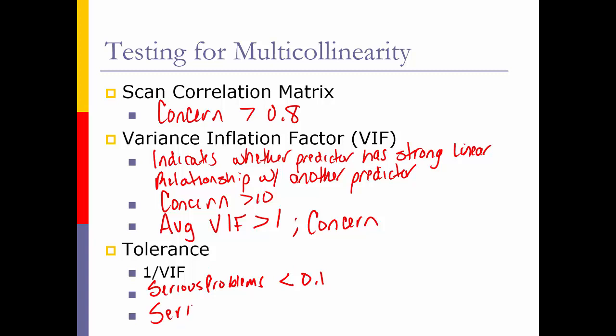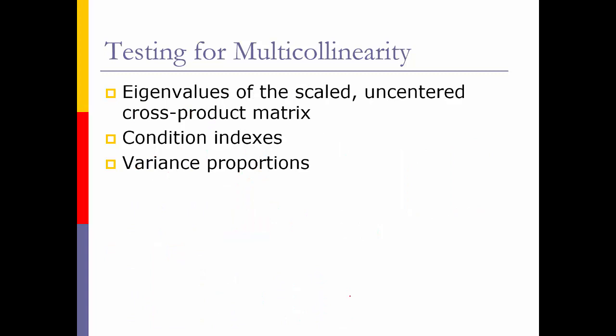And you can ramp that up to a serious concern if those values are below 0.2. Other ways that you can look for the multicollinearity: eigenvalues, condition indices, and variance proportions. We'll talk about some more of those when you get to multiple regression analysis and we actually have output that we can look at.